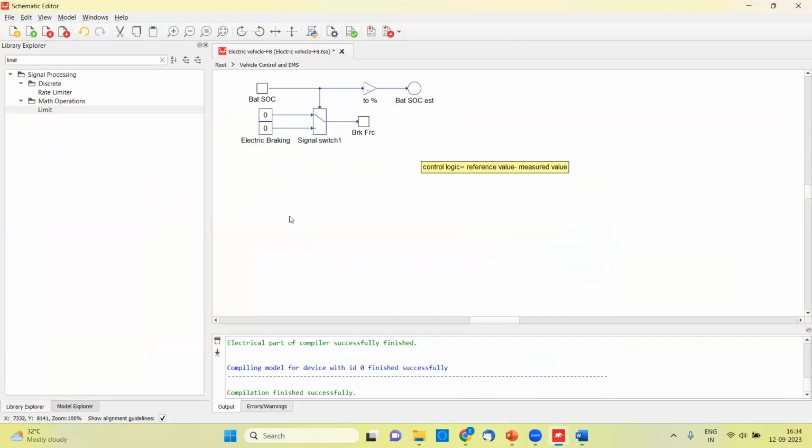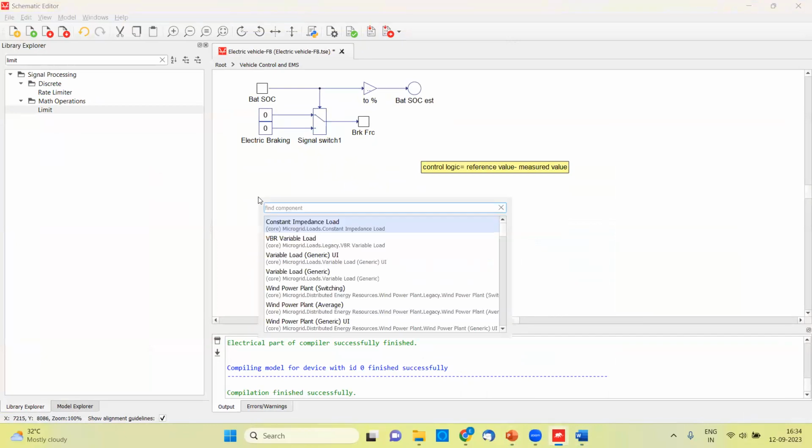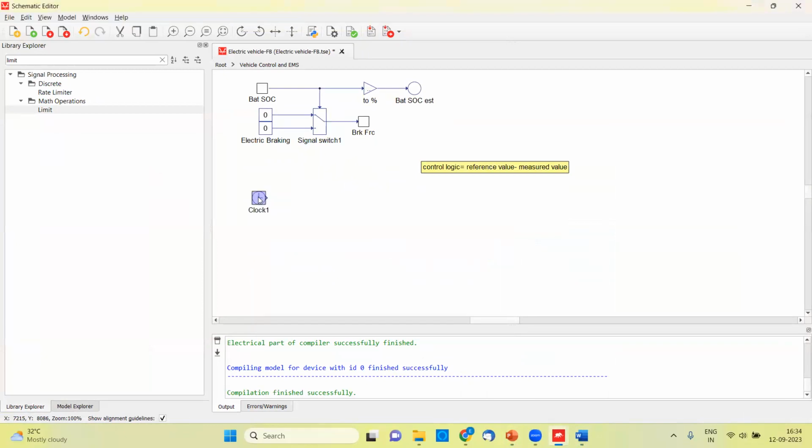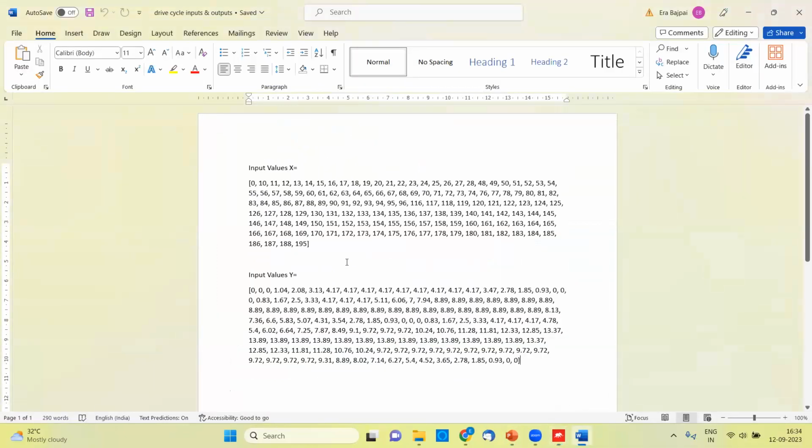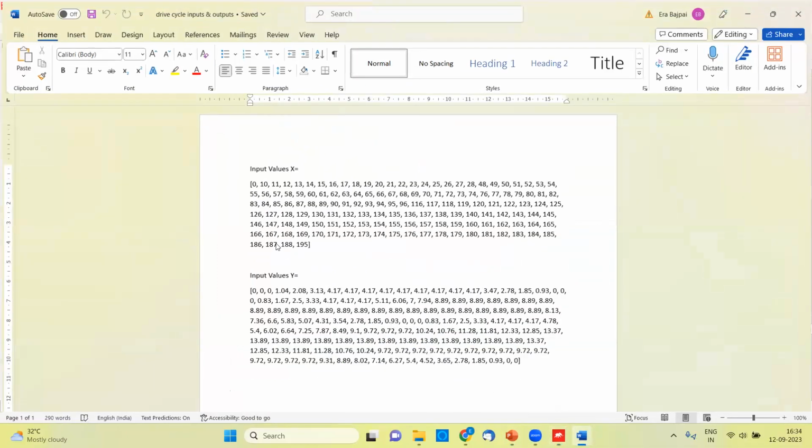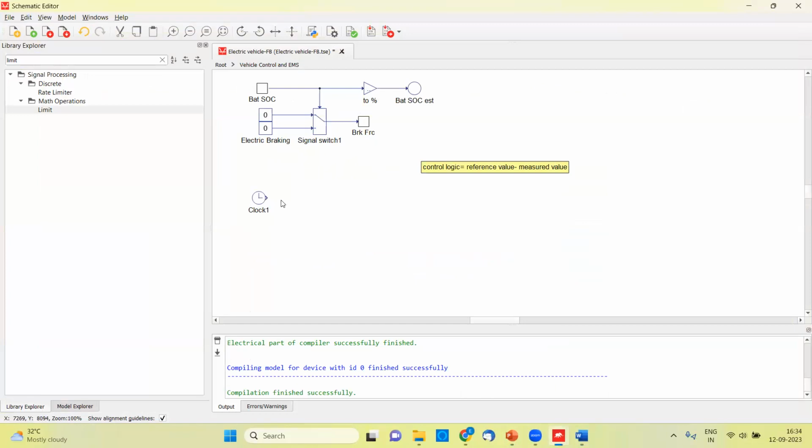First of all, I'm going to take one clock over here. Why have we taken the clock? Because according to these input and output reference values, we have to determine the simulation time of our model, because by only providing XY values, we are not going to compare it with our model running time, but we want this drive cycle to run in the entire simulation time that we have provided for the model.